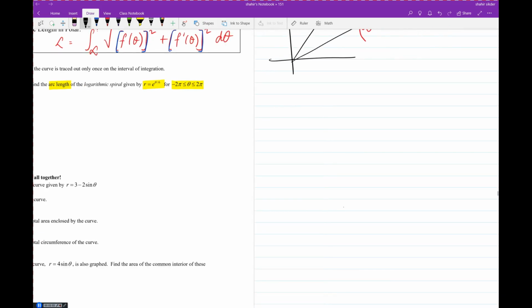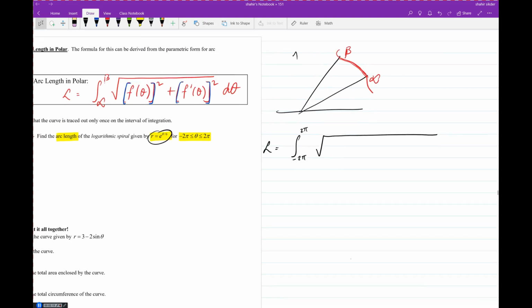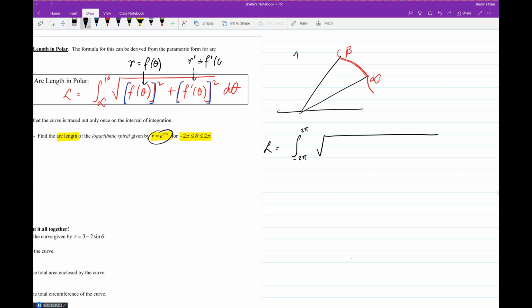Actually, I'll move it over here so it's easier for us to see. Square root of the function. Our function is, if you think about it, r acting as a function of theta. We talked about it in class, and this is basically r prime of theta, which is the same thing as f prime of theta. So inside you'd have e to the theta over 6, that quantity getting squared, plus the derivative.